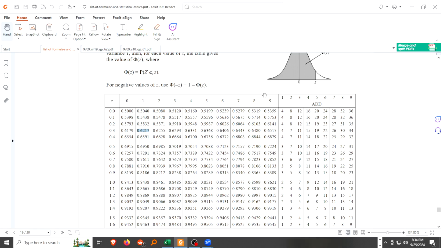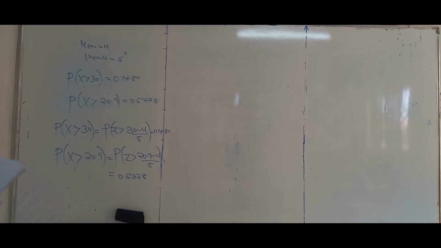So those two values, we pick them and use them in our calculation as follows.